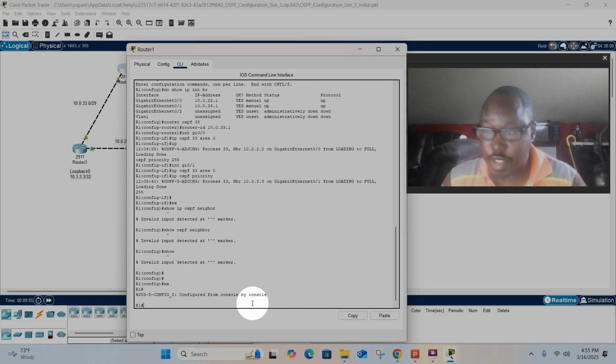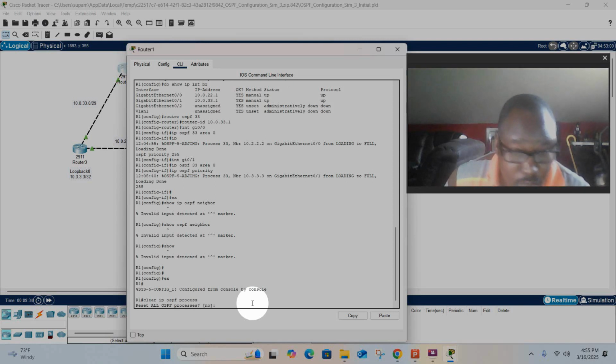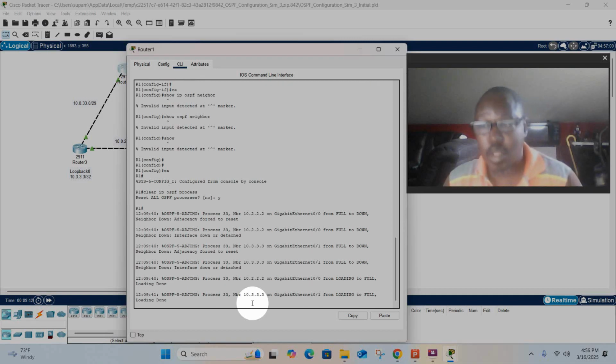All right, so clear. This is how you verify. Clear is to clear the OSPF processes. Now we're going to do a show command.